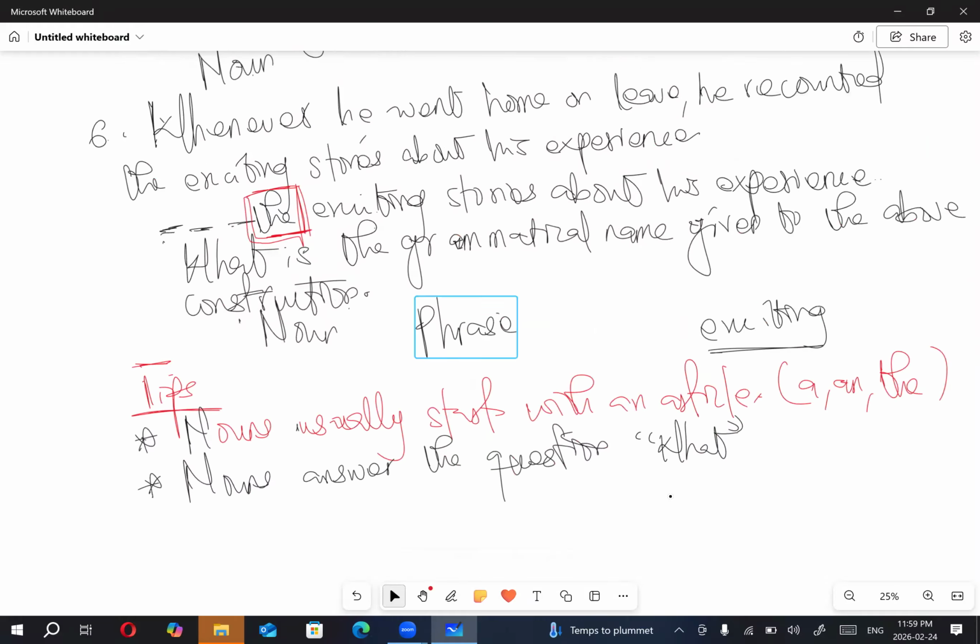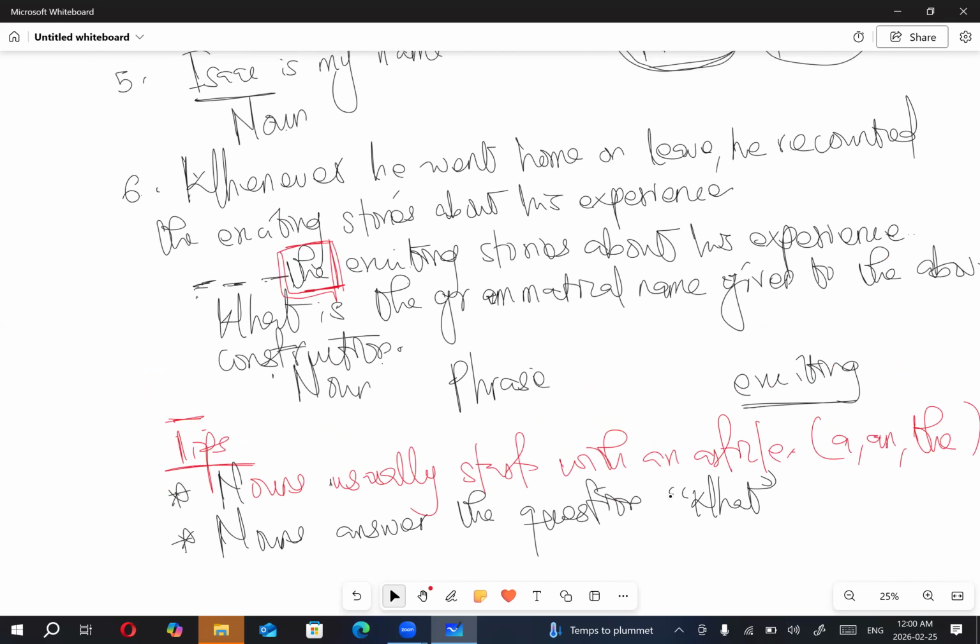I also want to tell you that they might commence with what. If it's starting with what, you should know that it's also a noun. Do you understand? Nouns answer the question what. If it's commencing with what, it's an indication that it's a noun.